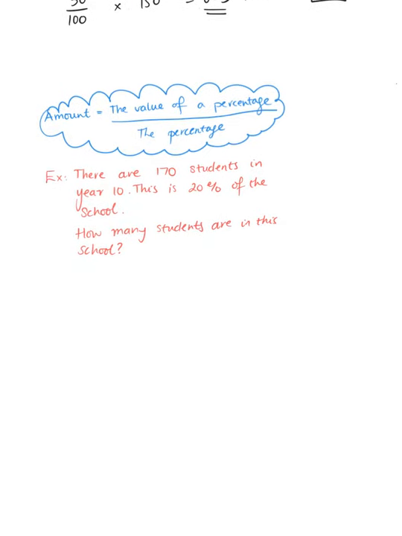Okay, over here we're looking at finding the amount. So this is when the value of a percentage is given and the actual percentage. So over here it says that there are 170 students in year 10, and this makes up 20% of the school. Now the question is, how many students are there in this particular school? So the value of the percentage is 170, and we're dividing this by the percentage, just 20%.